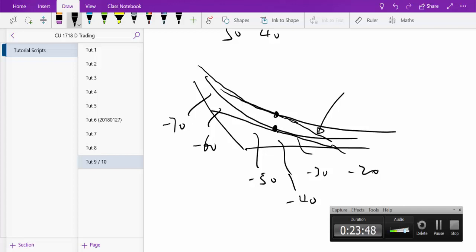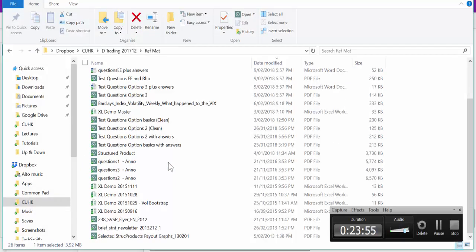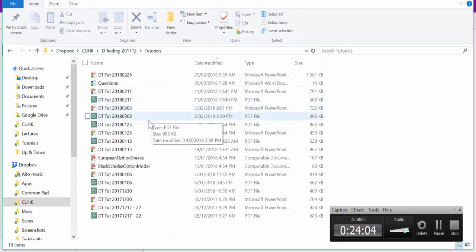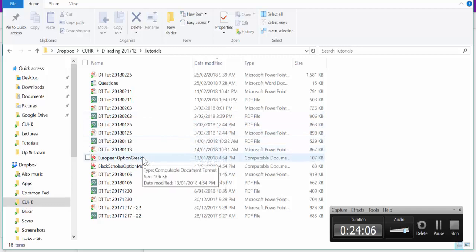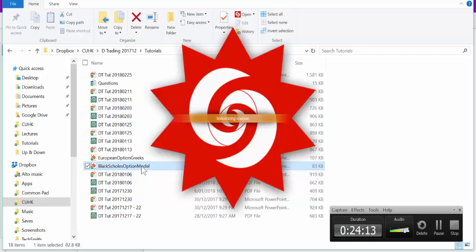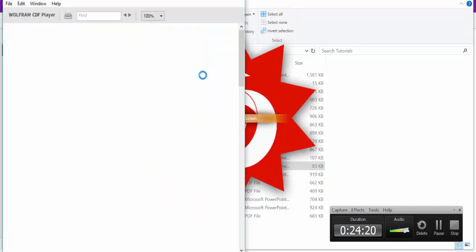Another way to visualize that is, and I think I have done this with you before, by calling up those interactive Greeks and looking at it and playing around with those payoff curves when you are changing one of the parameters.